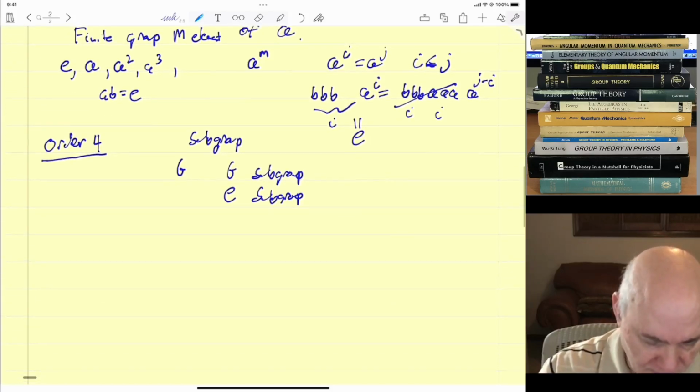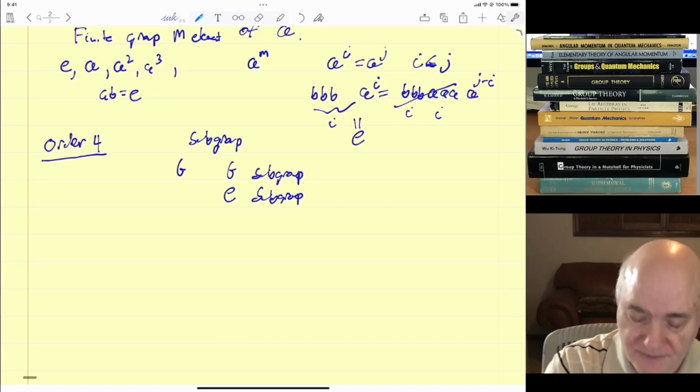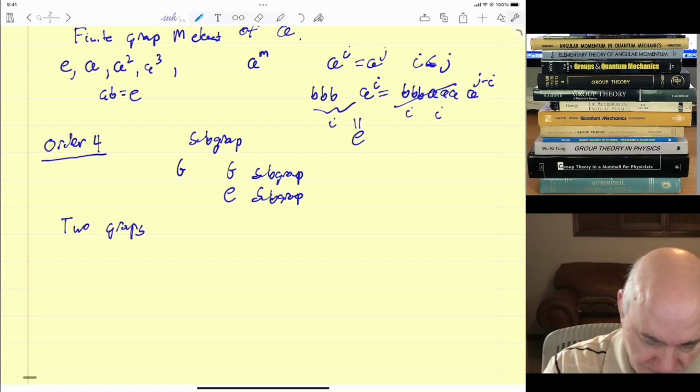Now, order 4 happens to be the first number of elements in the group where there are actually 2 groups. There are 2 groups of order 4. The first group is what's called Z4. It's the cyclic group of order 4.